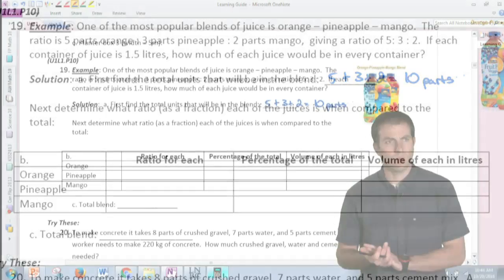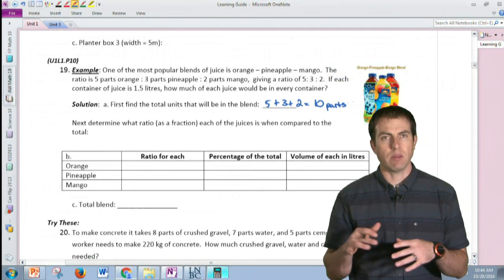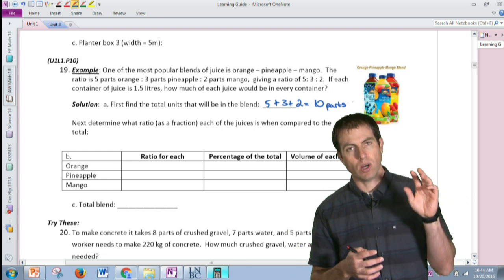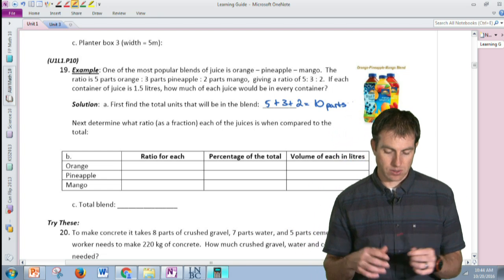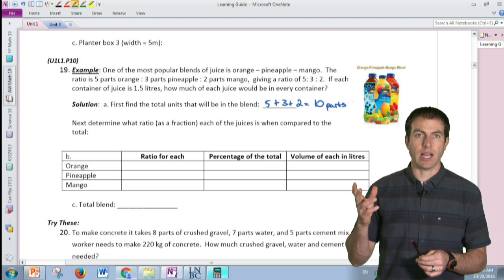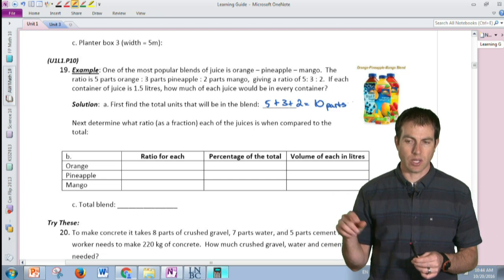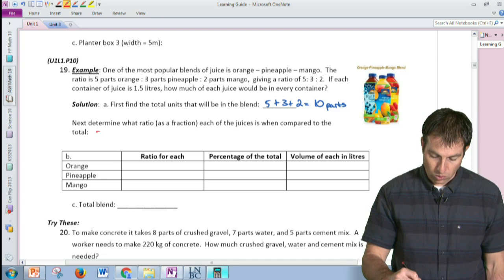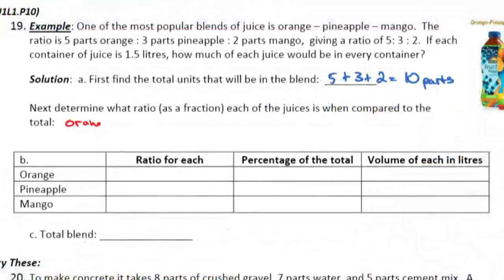All right, so once we've established that there's 10 parts altogether, 5 parts of one, 3 parts of the other, 2 parts of the next, we need to figure out how much each juice makes up of the total 10. If I'm just looking at the orange juice, 5 parts of the juice are orange, and in total there are 10 parts.